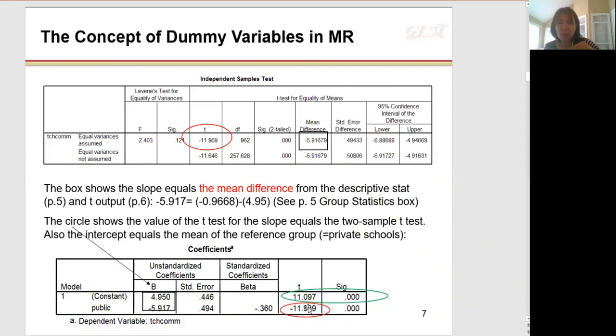Null hypothesis: the mean of a public school is the same as the mean of a private school. Since this is smaller than alpha 0.05, we reject the null hypothesis. So the conclusion is the mean of public school is different from the mean of private school.